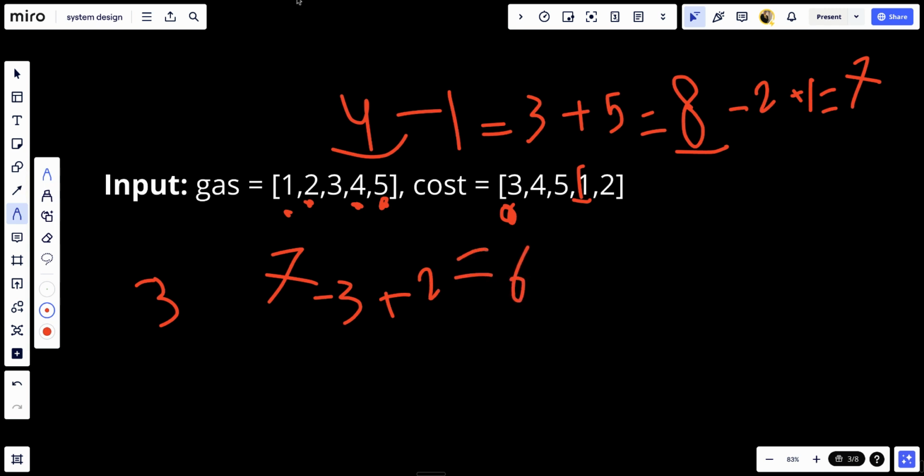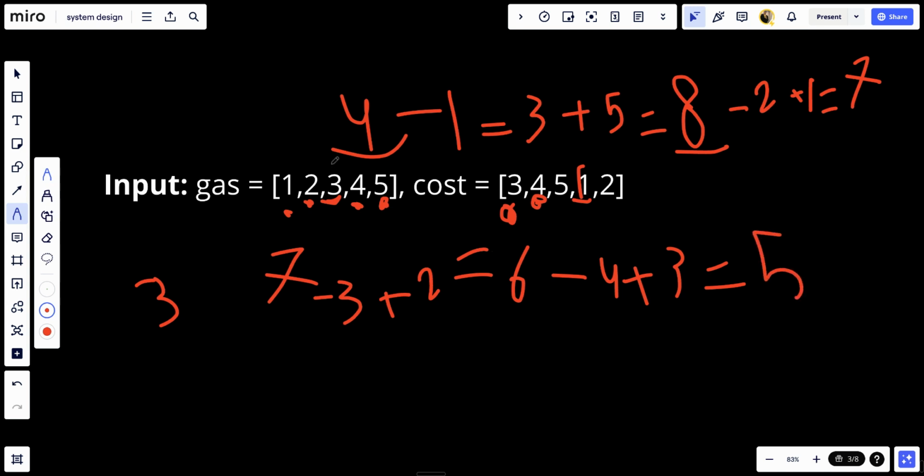And if we want to travel from 2 back to 3, we will have to pay 4 and add 3 to it, so it will be minus 4 plus 3. We will end up with 5.